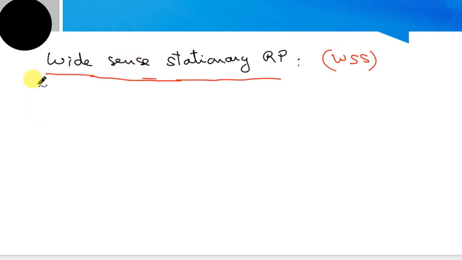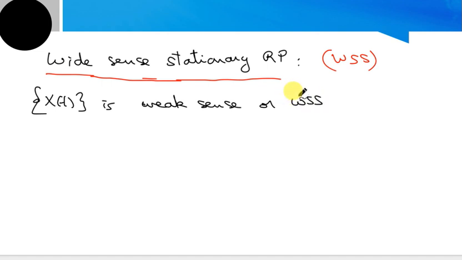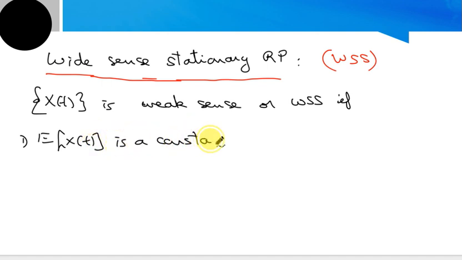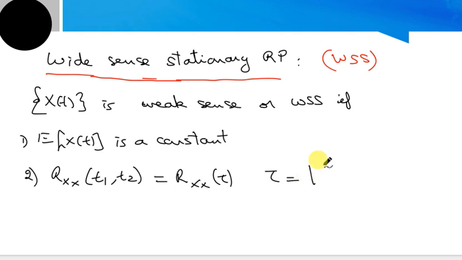A process x of t is weak sense or wide sense stationary if, number one, the expected value of the process E of x of t is a constant, and number two, the autocorrelation function Rxx of two time instants t1, t2 is equal to Rxx of tau, where tau is the modulus of the difference of the time instants t1 minus t2.